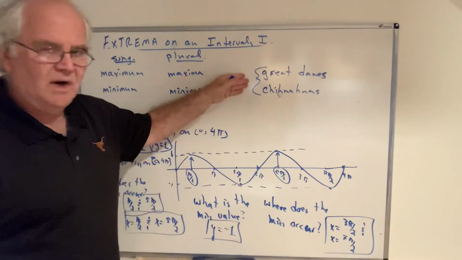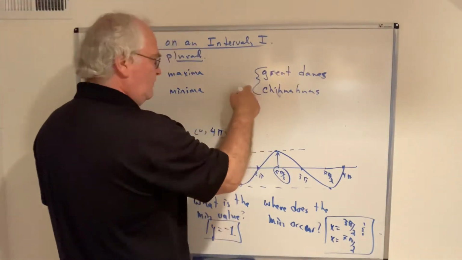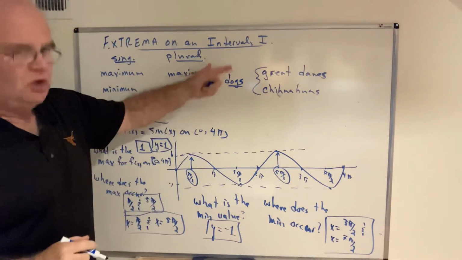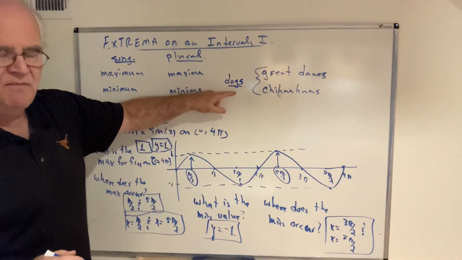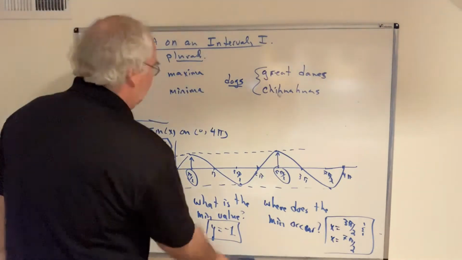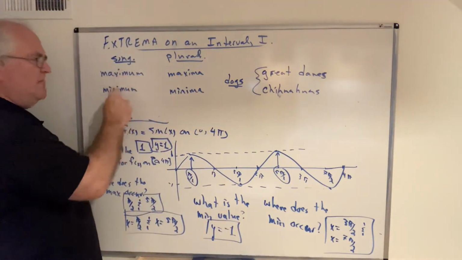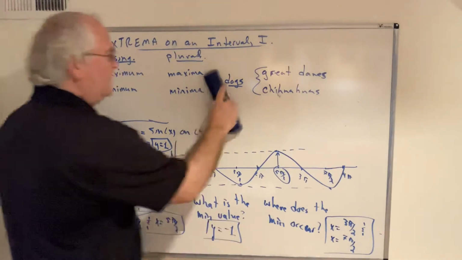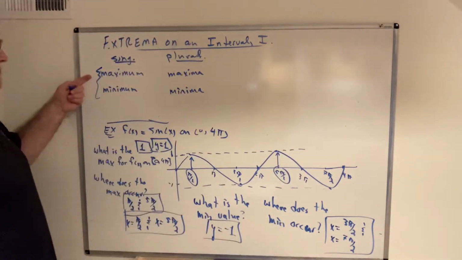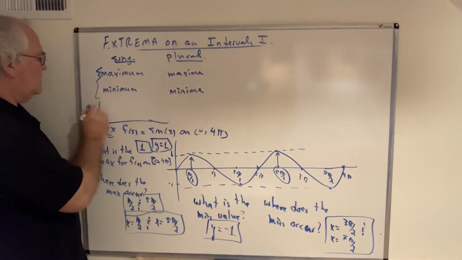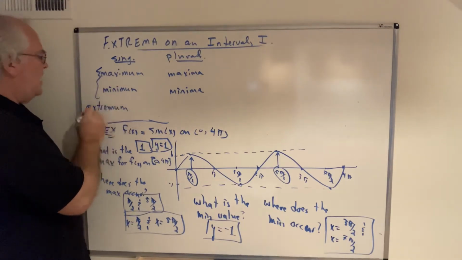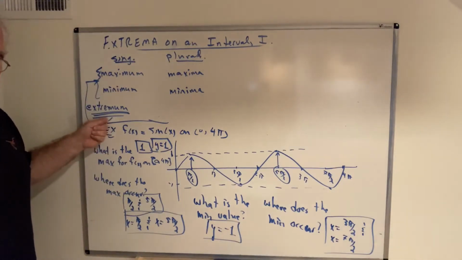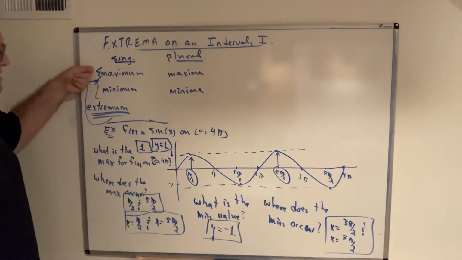You simply use the group word for them, dogs. And you may have one dog or you may have more than one. Similarly, if you have a maximum and a minimum and you want to talk about them together, there is a word that means either maximum or minimum. It is called an extremum. The definition of an extremum is either a maximum or a minimum.